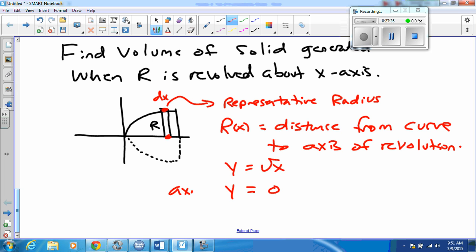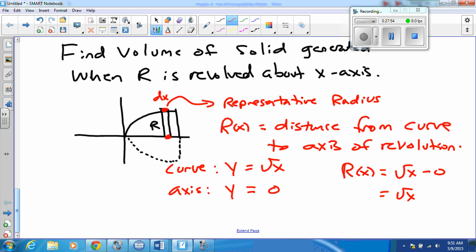And the curve is y equals the square root of x, and the axis is y equals 0. And therefore, the distance between them is simply subtraction, root x minus 0.